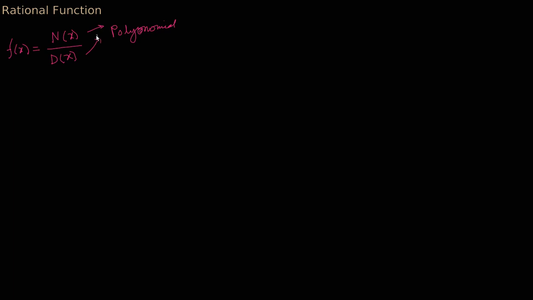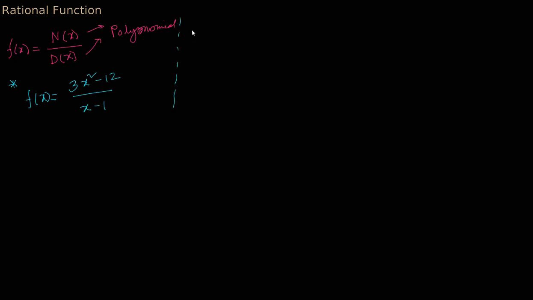Now let us see some examples of rational functions. Let's say I have one function, f(x) equals (3x squared minus 12) over (x minus 1). This is my first rational function.